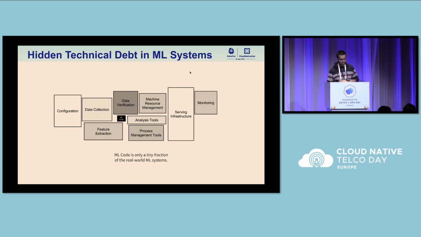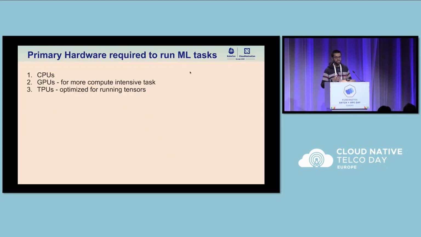Now, talking about the primary hardware that is used to run your machine learning tasks. We start with CPUs. And then, if you have more compute-intensive tasks, GPUs are a great option, which are more optimized for compute-intensive tasks. Especially if you're running a lot of deep learning models, then GPUs. And TPUs, which are tensor processing units, are more optimized for those workloads. So as you work with larger models, you will primarily use a combination of CPU, GPU, and TPUs.